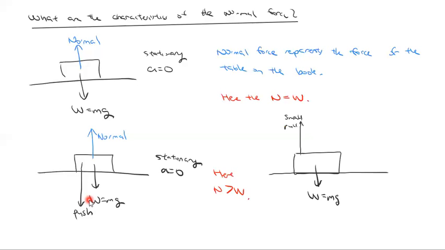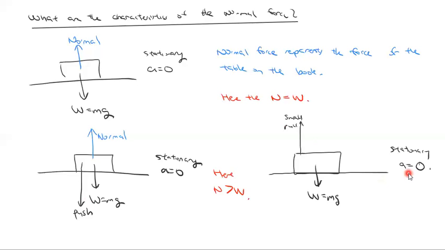So in this case, does the book move if you pull very, very lightly? It's a heavy book and you pull lightly. No. So acceleration is still 0, right? Yes.